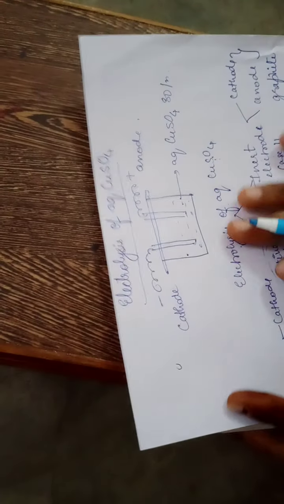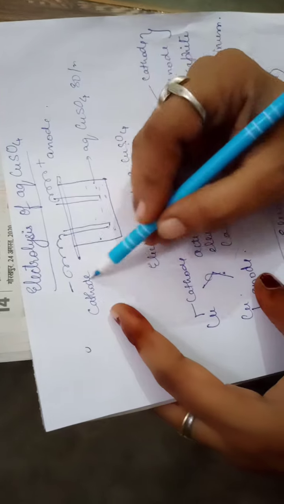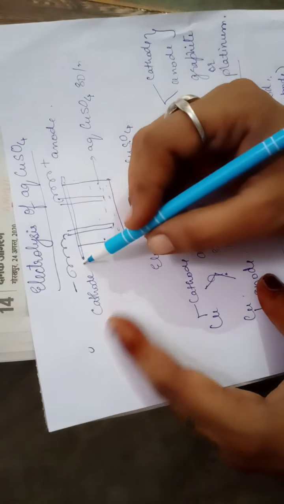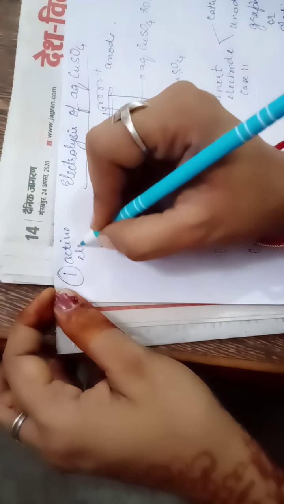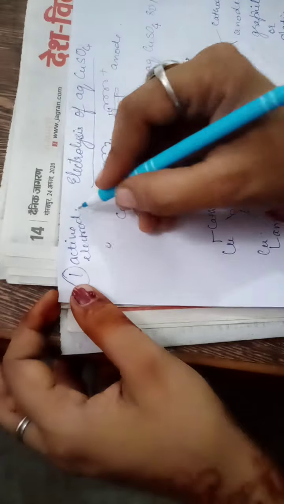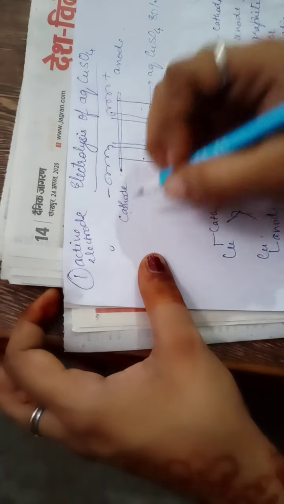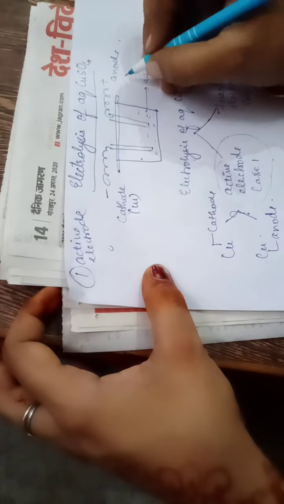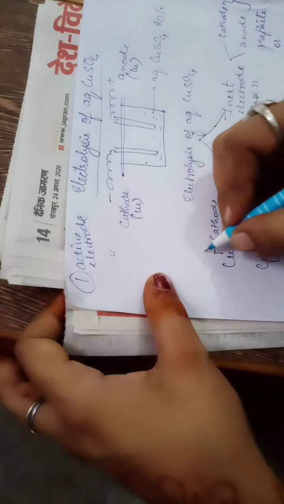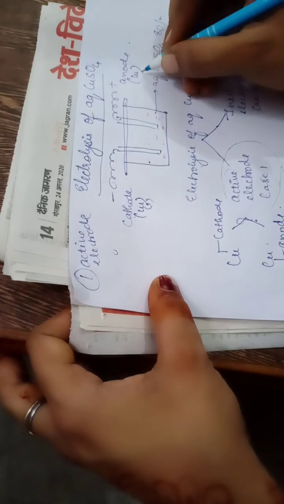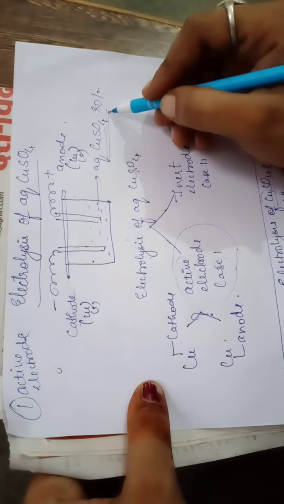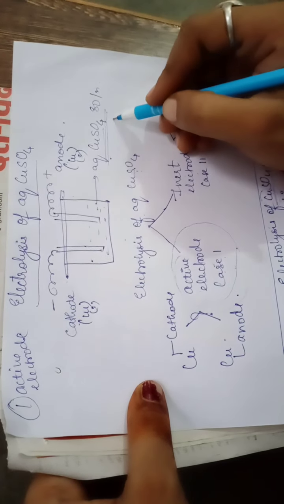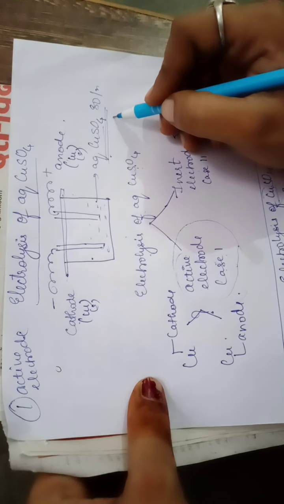In this diagram you can see, in the first case I am using active electrode. So the cathode and anode both are made up of copper metal, that is solid, and the solution is of the same compound, that is your copper sulfate solution.